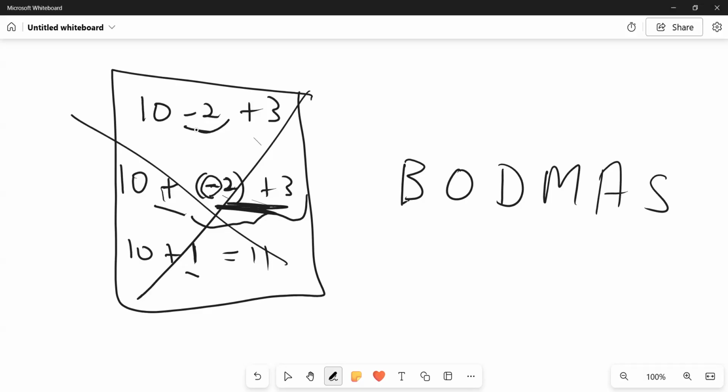So you work out the operations in the brackets, then powers of, then you do division, then multiplication, but these two can be done in the order they appear. You add positive numbers first, then you subtract, or you can do them in the order they appear. Good. So that's that bit there. We're going to do some examples later on. Don't worry yourself, this is just to capture everything.